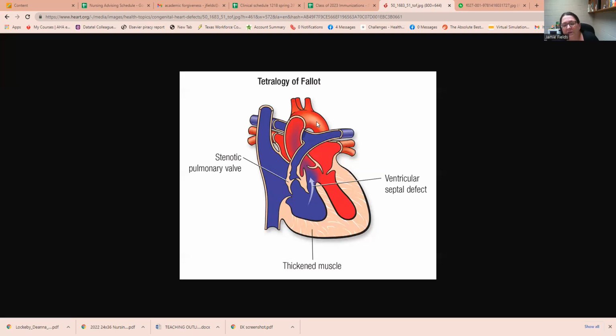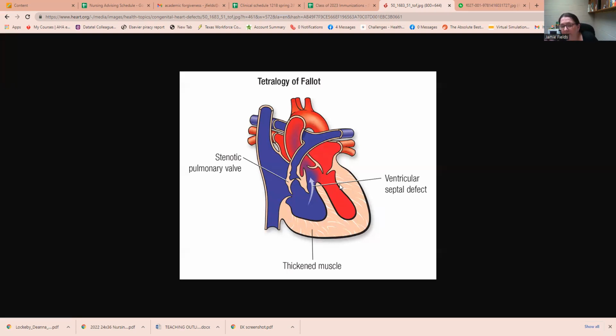So what do you think happens if this baby cries? That increases the pressure in the lungs, which is going to make even more blood go this way. Okay, that's going to increase the right to left shunt, right?